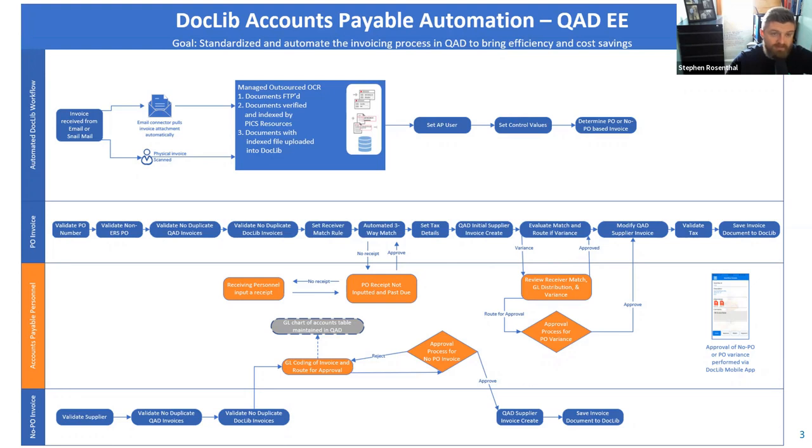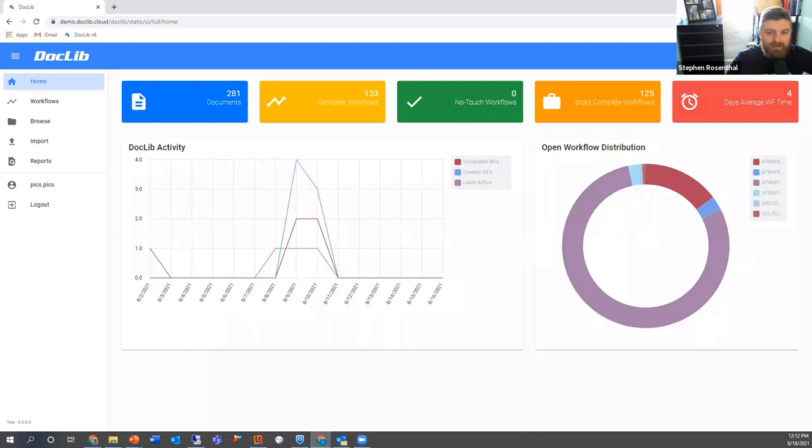Your ERP system is your system of record, and DocLib is the automated tool set and workflow that integrates throughout the entire workflow with your ERP system, to provide that automation and the return that you would get with automation. So I'm going to be flip-flopping between this diagram and the demo so you can see exactly where we're at in the process. So, jumping into the demo.